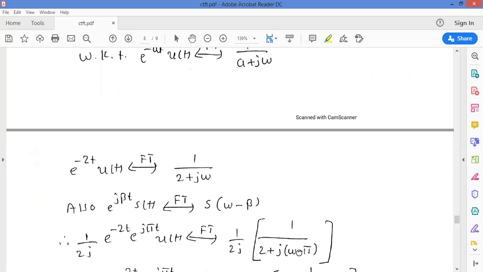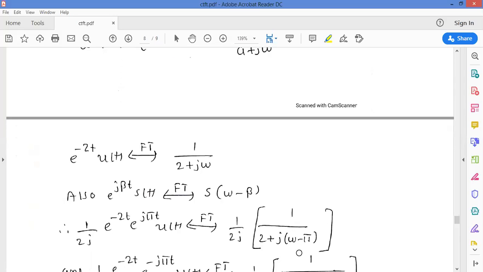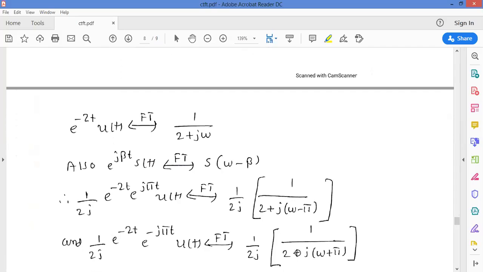If it is minus pi, then it will become plus pi. Same way, the only difference between these two signals is plus here and minus here. So this Fourier transforms into 1 by 2j into 1 by 2 plus j, omega minus pi gets replaced by omega plus pi.